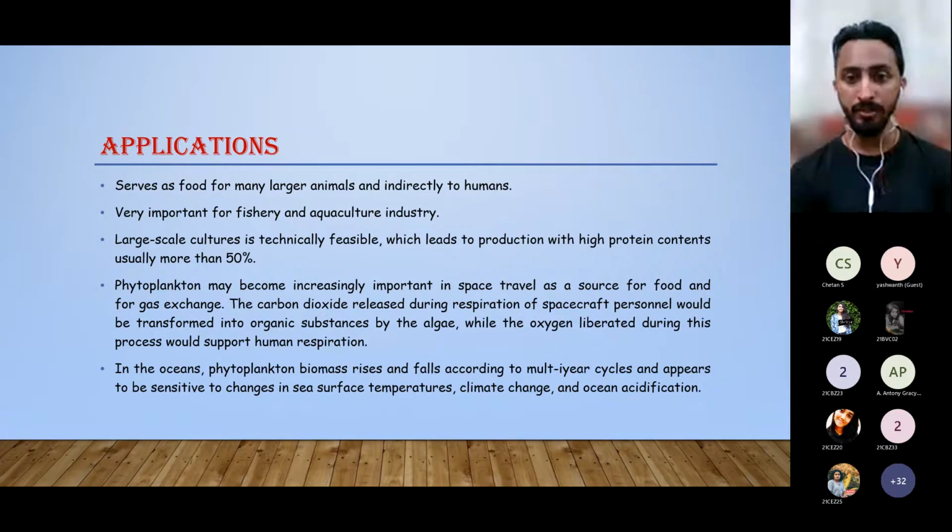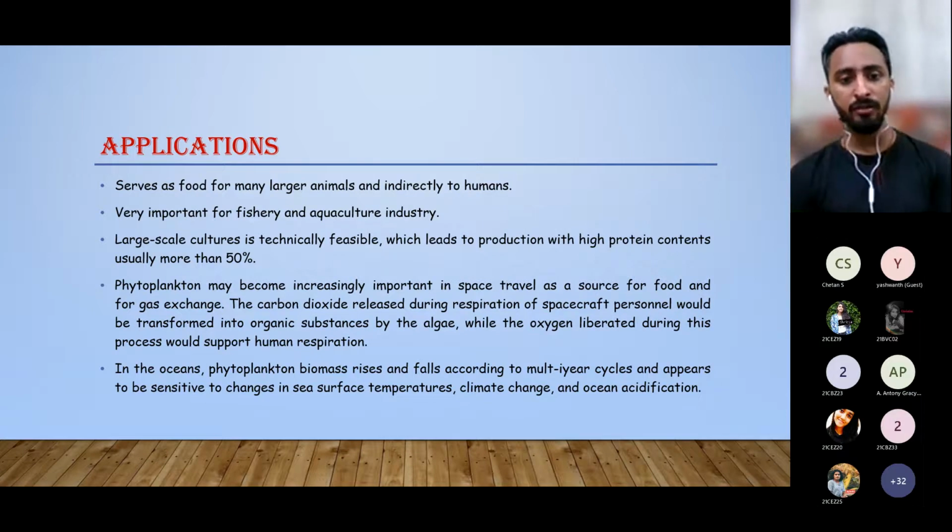Carbon dioxide released during respiration of spacecraft personnel would be transferred into organic substance by the algae, while the oxygen released during the process would support human life. In simple terms, they will help each other to sustain better and explore space and our universe in a better way. So these are some of the importances.